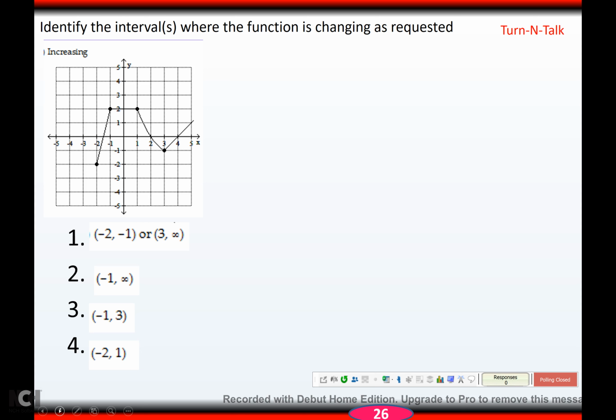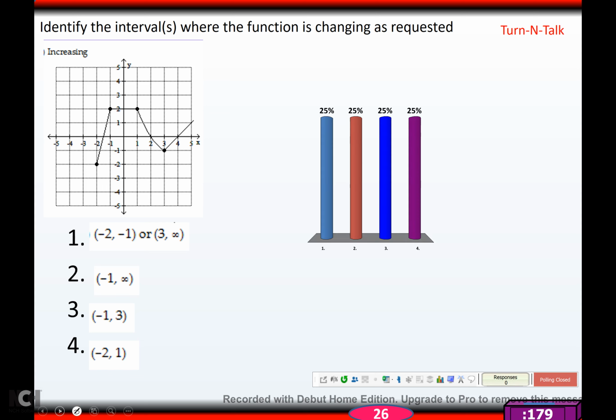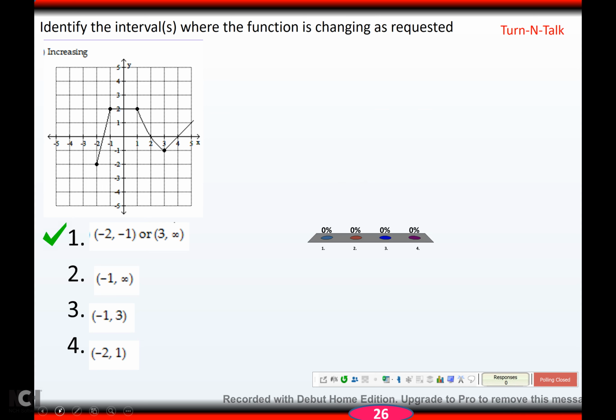Alright, they want the increasing intervals here. Hit pause, come back when you're ready. And hopefully you got that. Alright, so we're increasing here, and we're increasing here, if you read left to right. So this goes from here to here, and then from here to here. Oh, sorry, my bad.